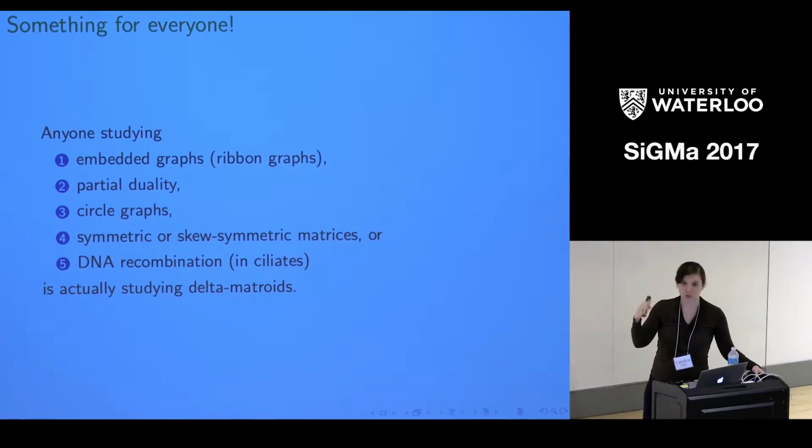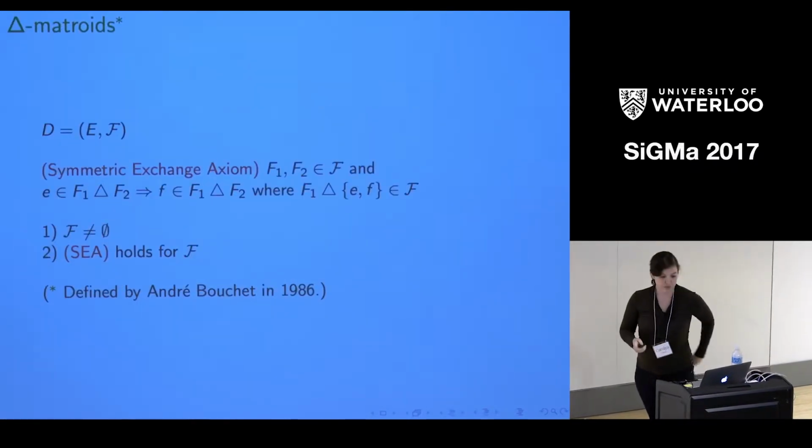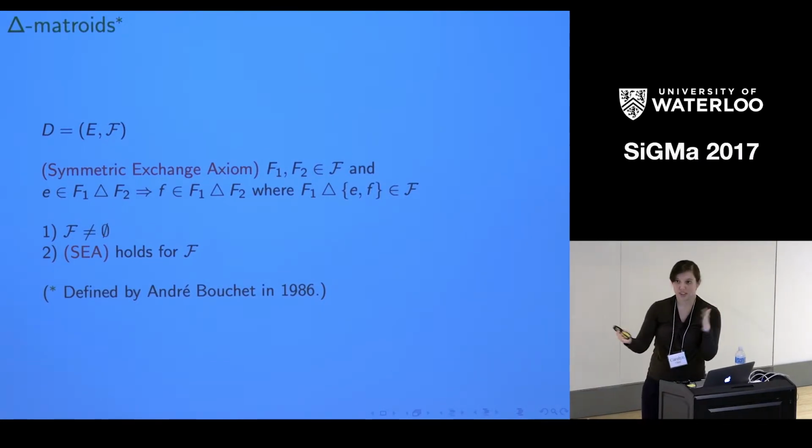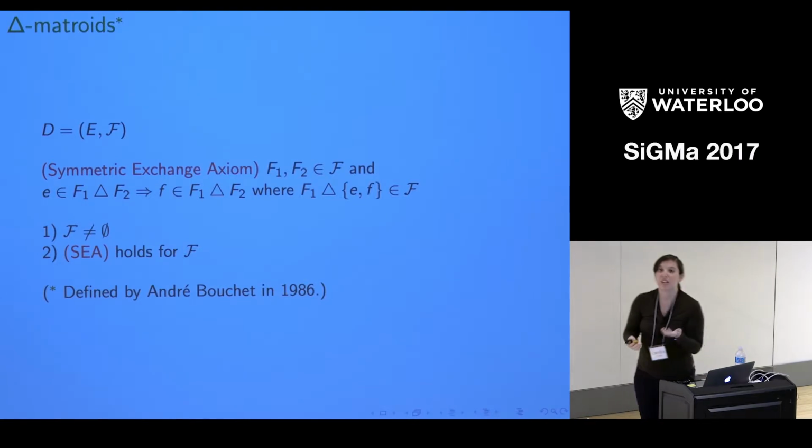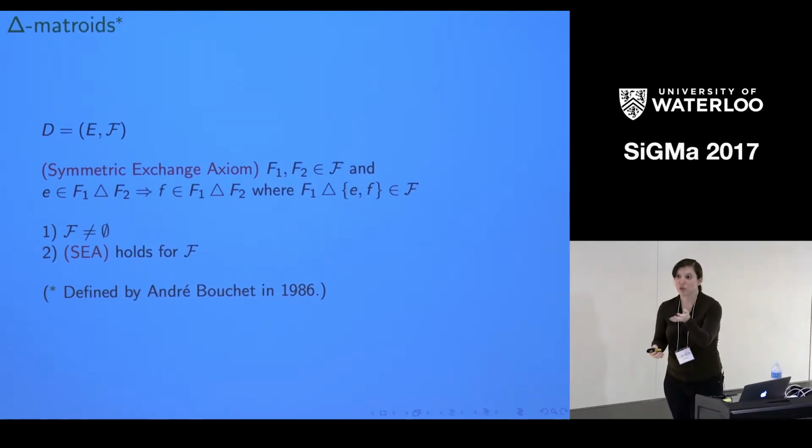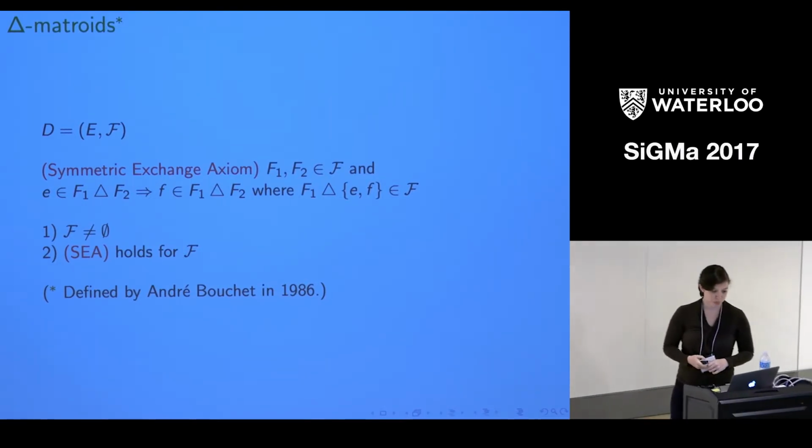And there's more things to add to this list that I'll tell you about. Oh, and on the first slide, I listed a bunch of co-authors, which has become the norm for presenting delta-matroid theory talks. I'm primarily presenting results with Steve Noble and Joe Bonin today.